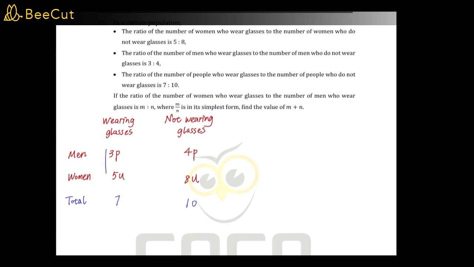Now it means that the sum of them, 3P plus 5U, compared to 4P plus 8U, the ratio is 7 to 10. So let's write it down.